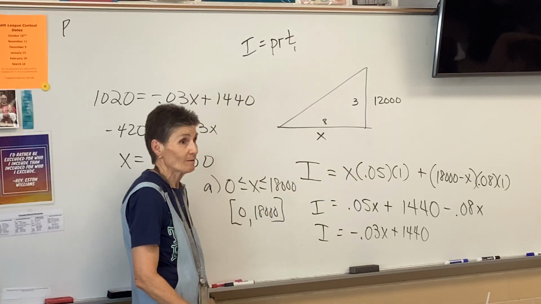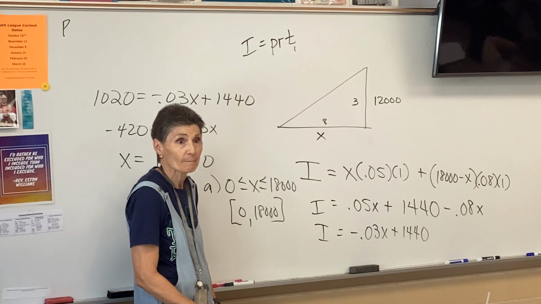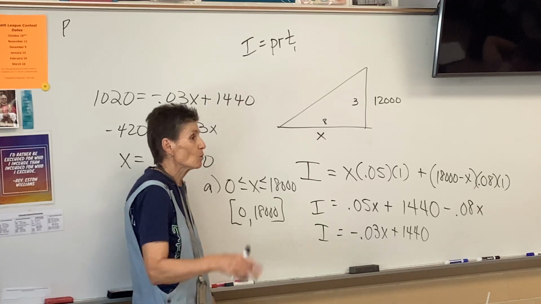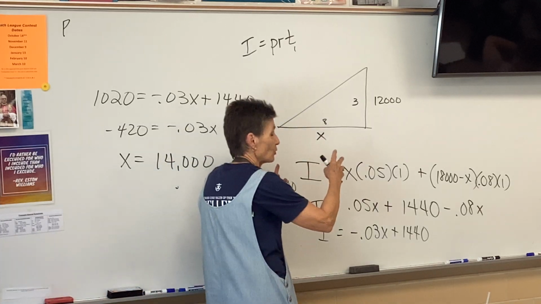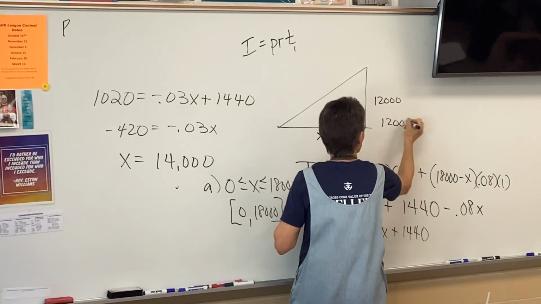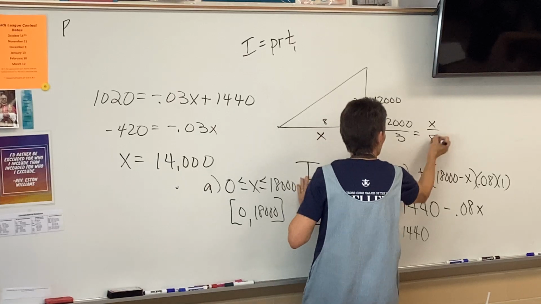Do you have an idea? Yeah. 12,000 divided by 3, and whatever that number is, you multiply it by 8. So what he's saying is, I don't know if this occurred to the rest of you, but he says 12,000 over 3 has to be X over 8.